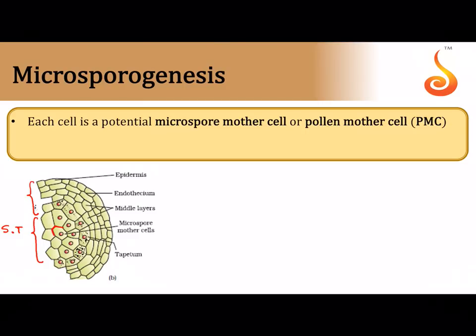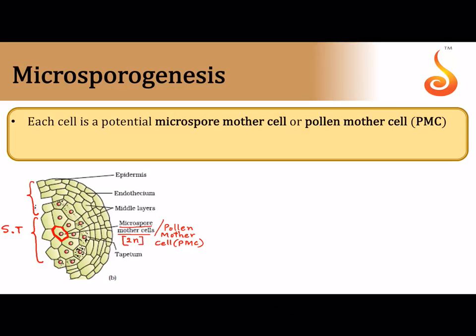Here they have labeled one particular cell of the sporogenous tissue. Each cell of the sporogenous tissue can be referred to as a microspore mother cell, or a pollen mother cell. Pollen mother cell is abbreviated as PMC, and these cells are diploid.